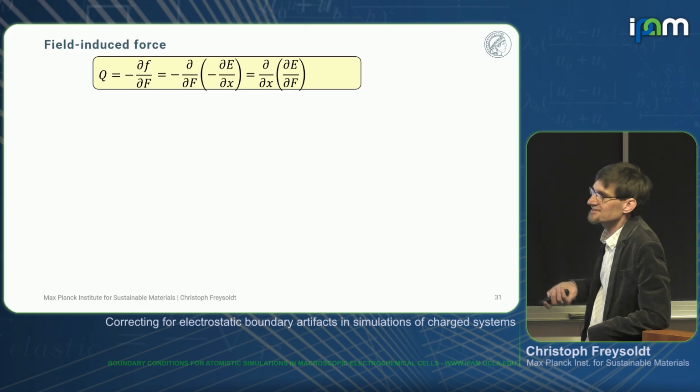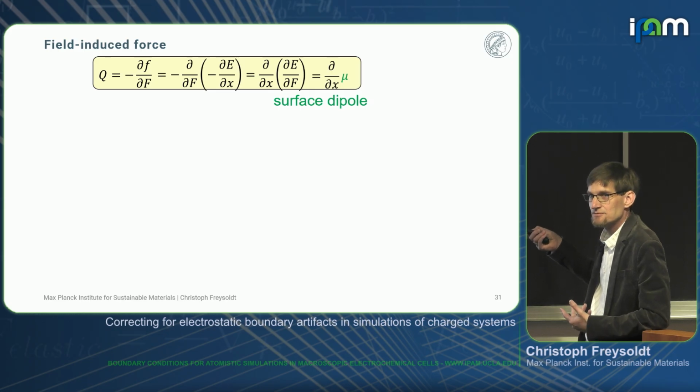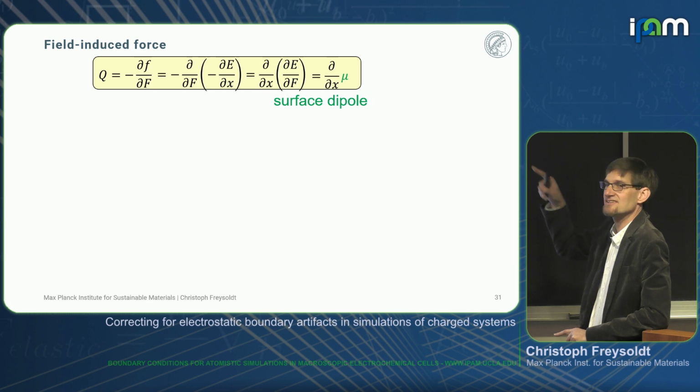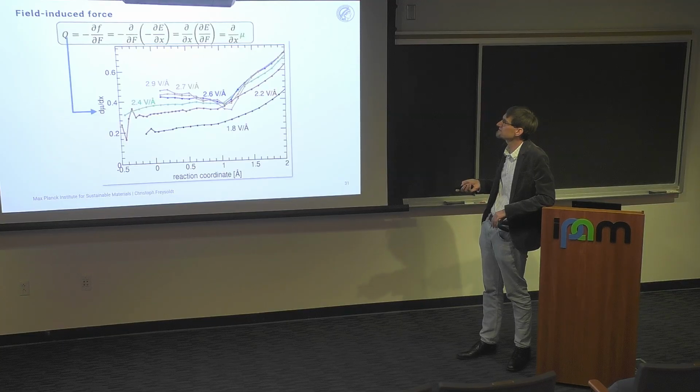This here, however, is the surface dipole. So we actually get the required parameter by just making a single one of those curves. Look at how the dipole changes as a function of reaction coordinate, and that's why it's important that it's a collective coordinate. It's not a single charge, but a kind of effective charge for the entire motion that happens here.